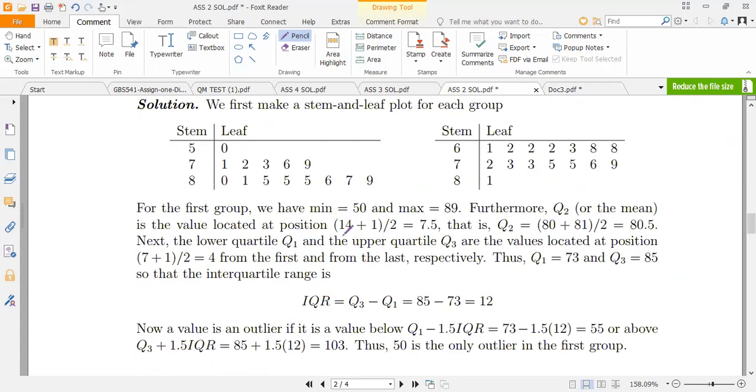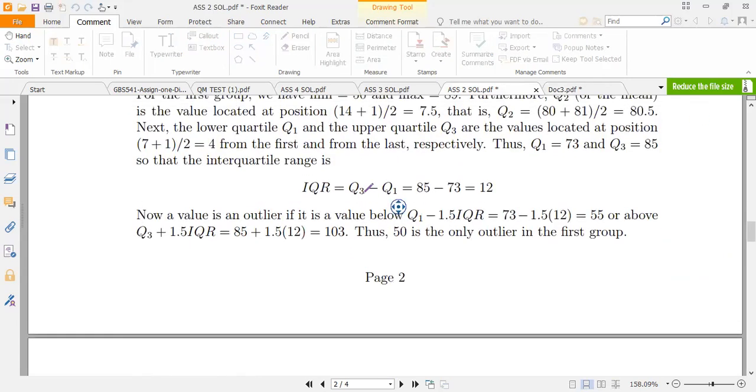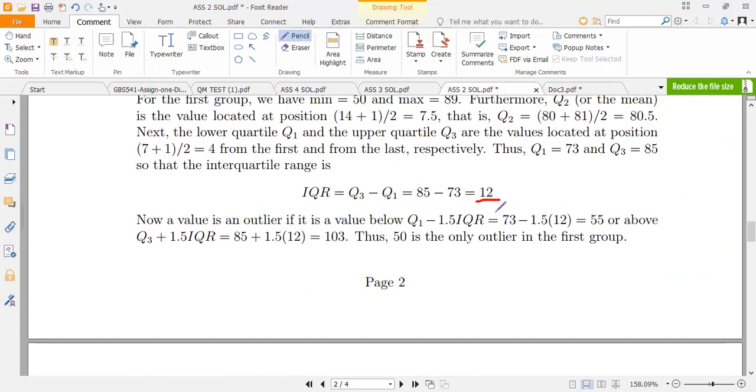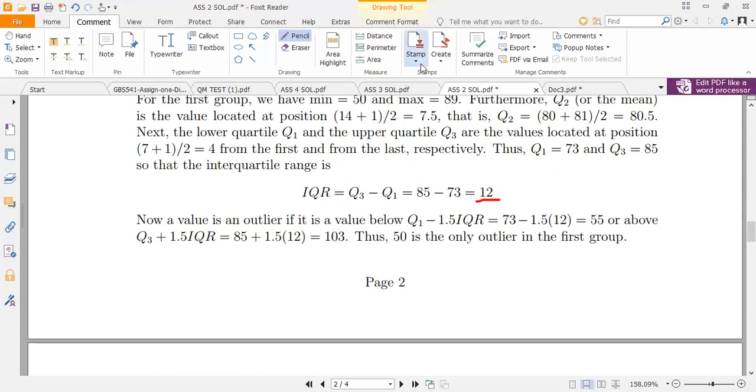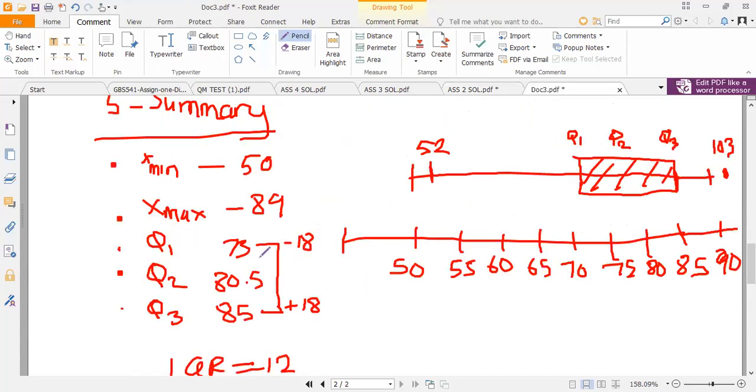So this is what we've just done. The interquartile range was 12. The correction term is 1.5 times 12, and we subtract it from the lower quartile, not the lowest value.